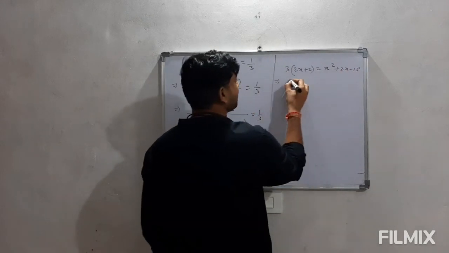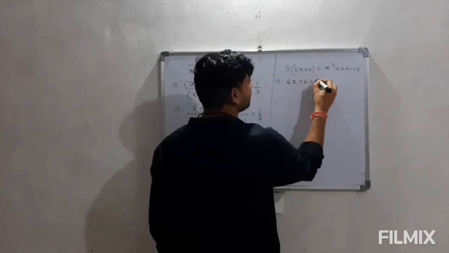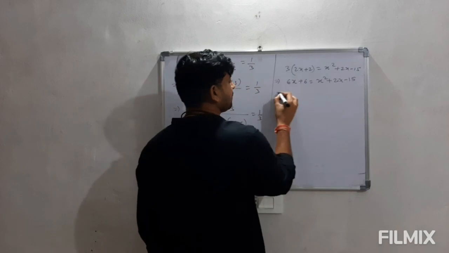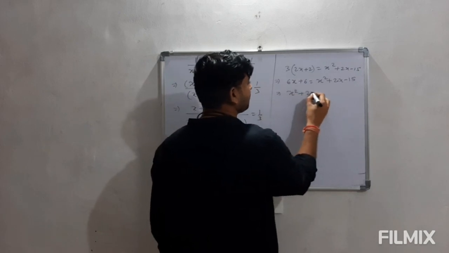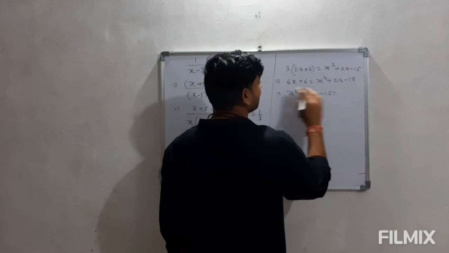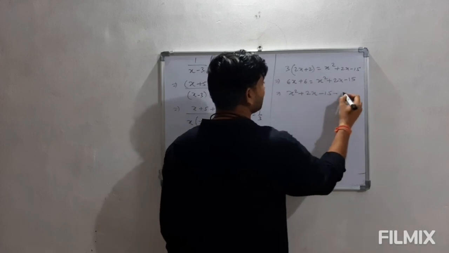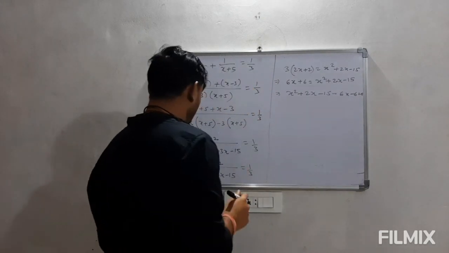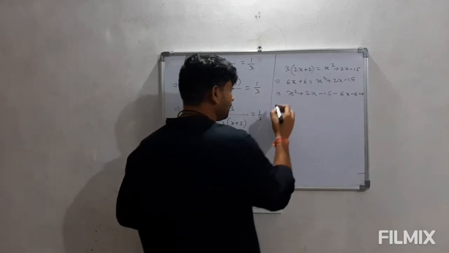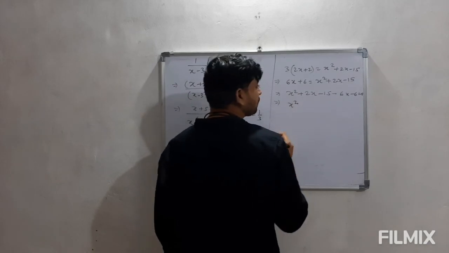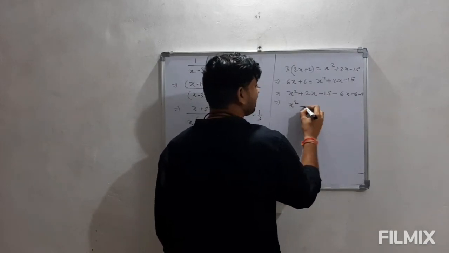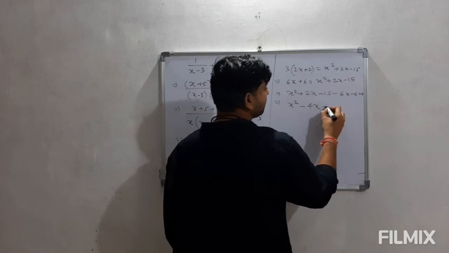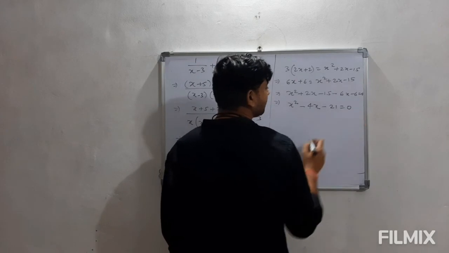Now multiply this, we are getting 6x plus 6 is equal to x square plus 2x minus 15. Then x square plus 2x minus 15, this we are getting into RHS, so minus 6x minus 6 is equal to 0. So this is what we are getting here. Now let us rewrite by simplifying: x square, 2x minus 6x is minus 4x, then minus 15 minus 6 is minus 21, is equal to 0.